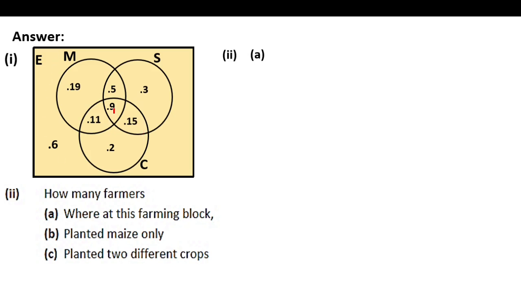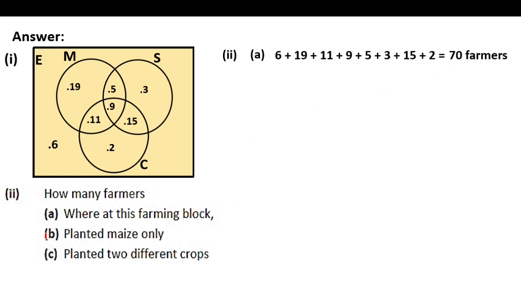Once you count 5 here, you don't come again and count it again. You make a mistake. That's not how it works. So you are going to say 6 plus 19 plus 11 plus 9 plus 5 plus 3 plus 15 plus 2, which will give us how many farmers? 70 farmers were at this farming block.